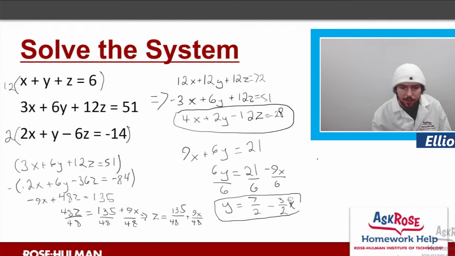So I have some room right here, so we can plug these into our original equation, solve for x. This can be a really weird and gross way of doing this, but that's okay.